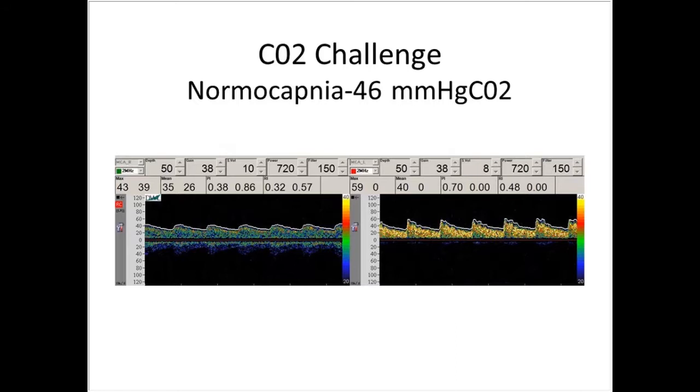And what we see is the time average mean of the right MCA being 35. But what's most noted is the slowed systolic upstroke in the right MCA, which we all know is consistent with a hemodynamic lesion proximally. On the left side, we see the velocity is 40, and we see a beautiful straight upstroke.